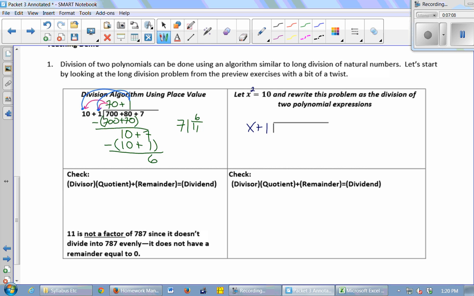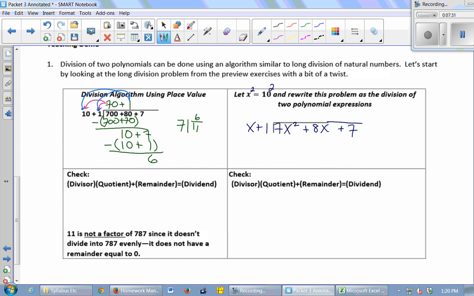What's x squared? 100. So 700 is 7x squared. All right, and then 80, that's 8 x's. And 7 is just 7.